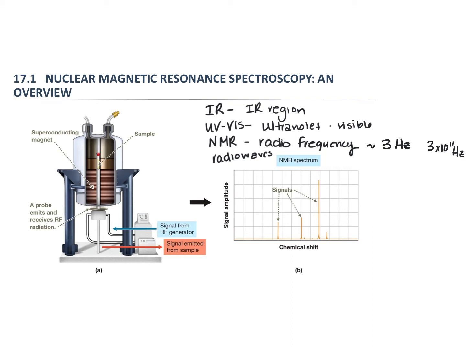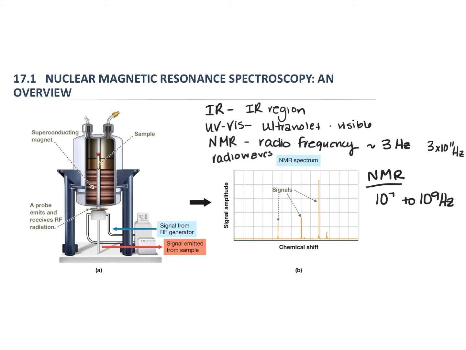Most modern NMR spectrometers, however, work in a really narrow range. While radio frequencies cover a lot more, NMRs themselves work at about 10 to the 7th to 10 to the 9th hertz. And that's what we see there.